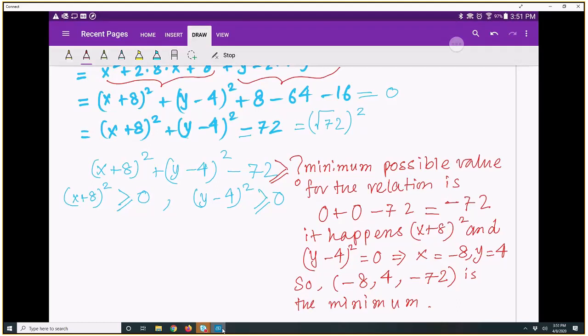I would say, is there any option such that these values are always less than or equal to something? So what is the possible value? The relation x plus 8 whole square plus y minus 4 whole square minus 72 is always less than or equal to this value. Is there any value like that? Let's try to understand this answer.